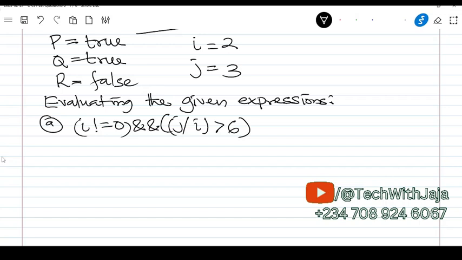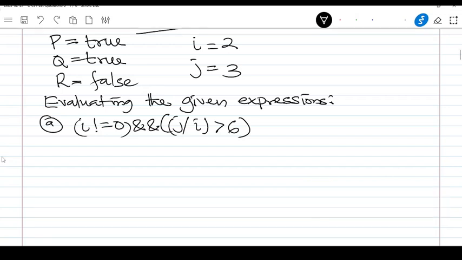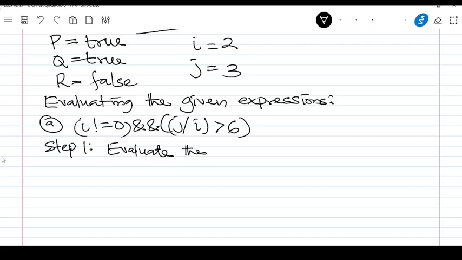So step 1, evaluate the first parenthesis. We have that I is not equal to 0.